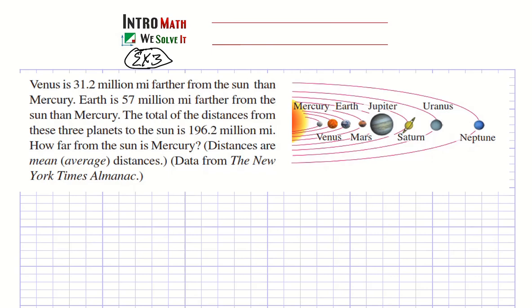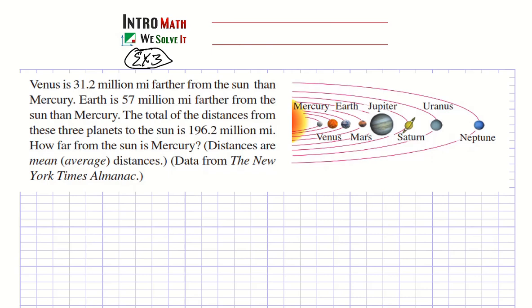You see the picture there? Earth is 57 million miles farther from the sun than Mercury. So you got Venus, you got Mercury, you got Earth, and then you got Mercury again. So there are 3 things there that they're comparing. It says the total of the distance from these 3 planets to the sun is 196.2 million miles, right?